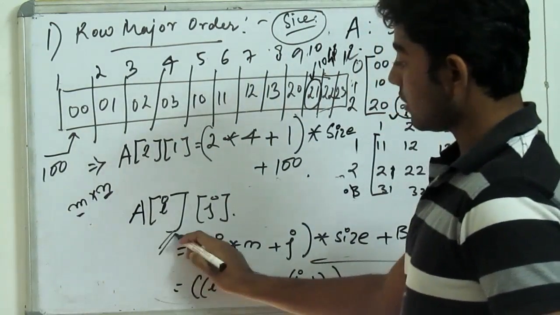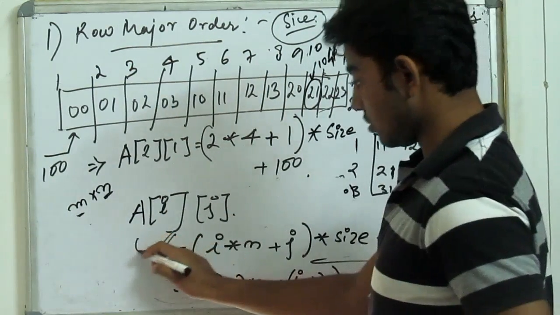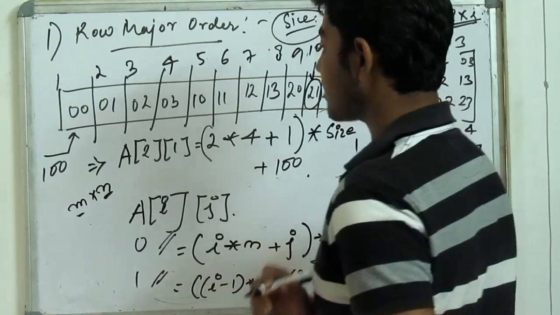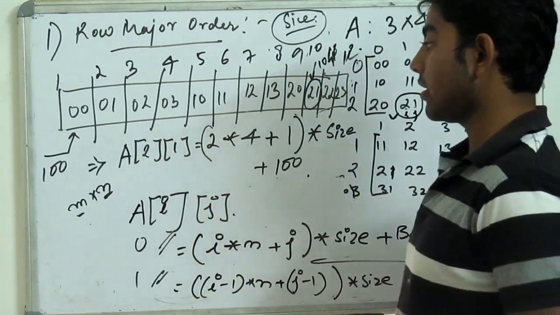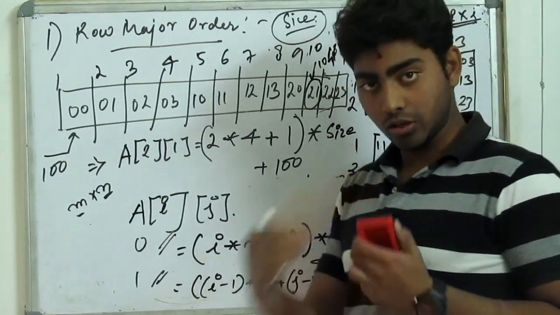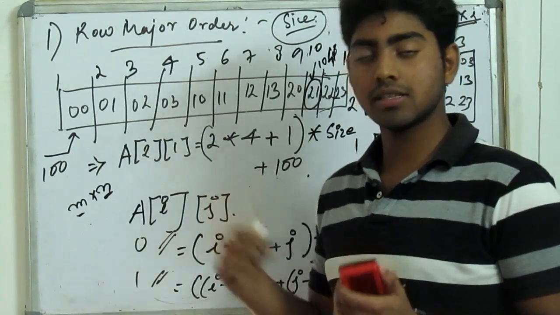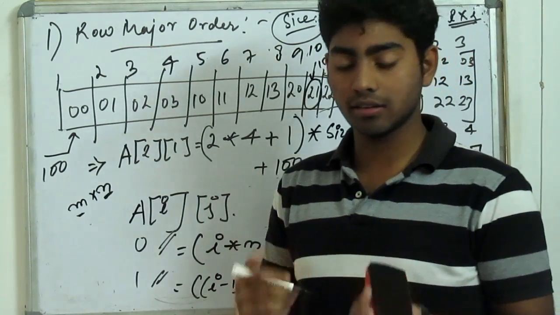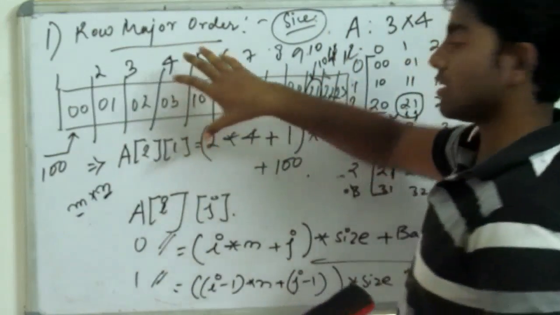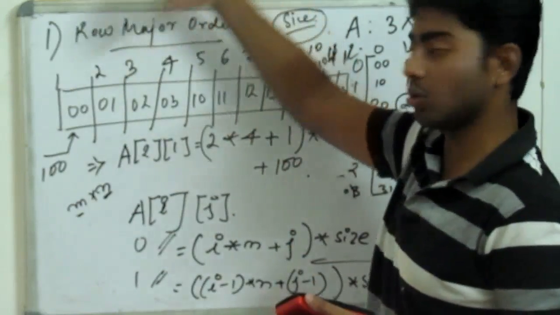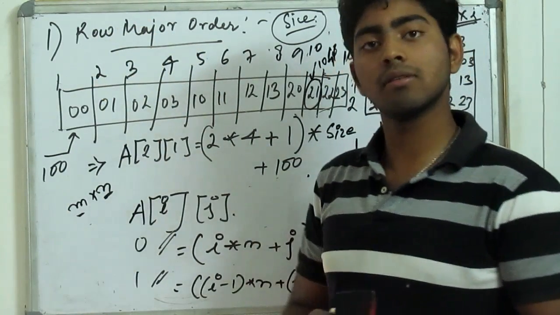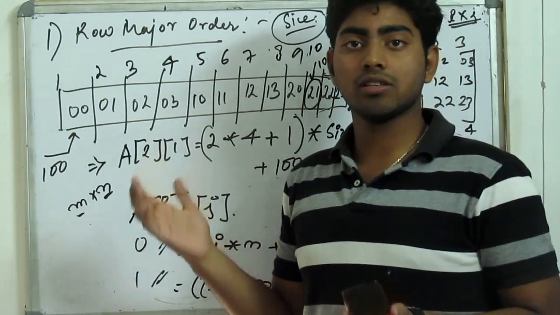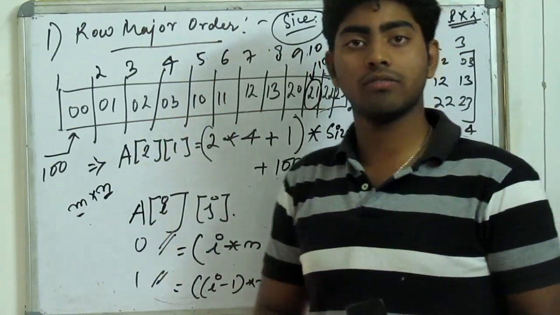So this is if my starting index is 0 and this is if my starting index is 1. I hope that you got this point clearly, but we'll do more examples on this and the concept will become clearer. As of now, if you don't understand anything, just go through it once again, and once we do some examples on it, these concepts will be clearer to you. Next we shall see how column major order works.